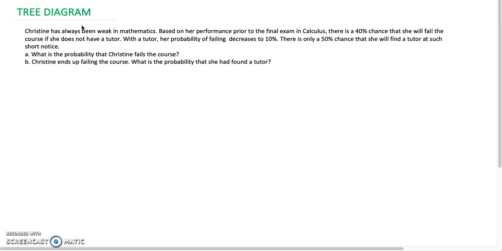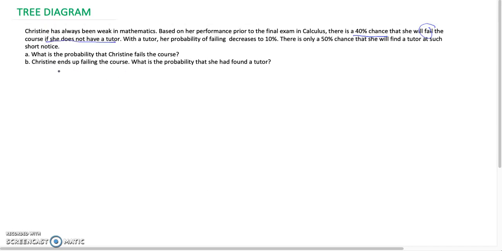Here we have Christine, who has always been weak in mathematics based on her performance prior to the final exam in calculus. There is a 40% chance that she will fail if she does not have a tutor.